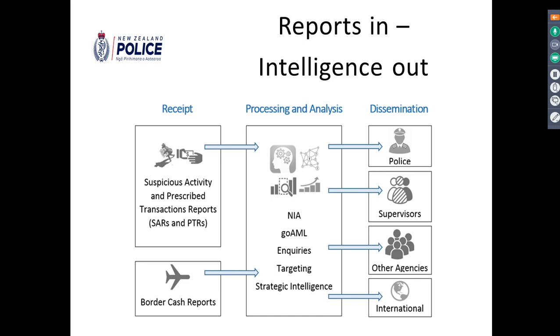Because while beneficiaries can obtain some money through employment while they're on a benefit, some of the records that we are seeing deposited far exceed what would be expected. So those are some of the external agencies that we have disseminations to. Internationally, there are roughly around 150 FIUs globally, and we have the ability to disseminate information to them.